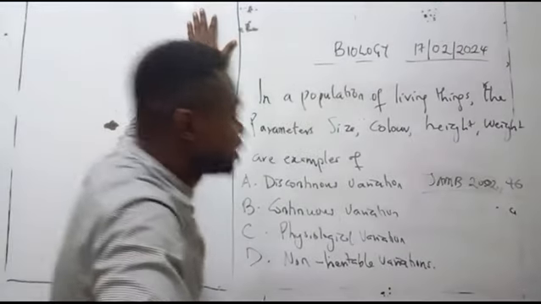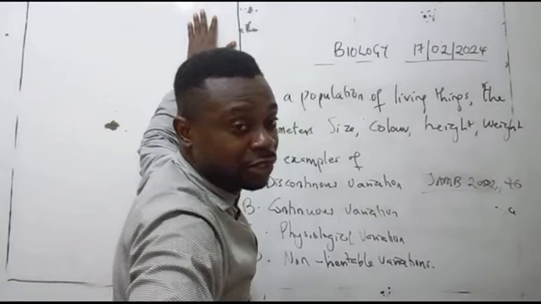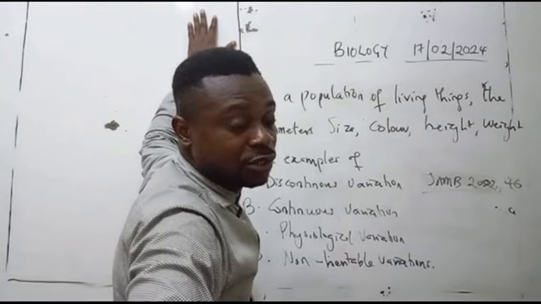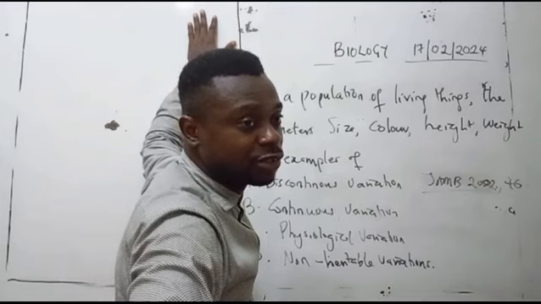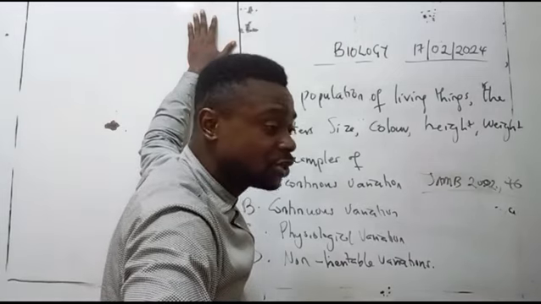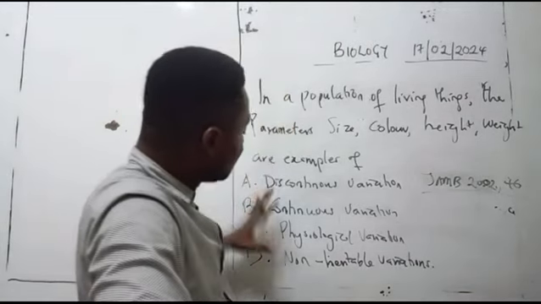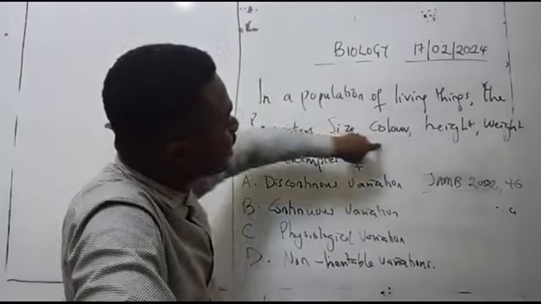Remember when we discussed the main groups of variation, we talked about physiological variation and morphological variation. And we said that within morphological variation, you will see some that are continuous, discontinuous, and what have you. But here they put everything together to confuse you, so you need to understand this before you can answer.